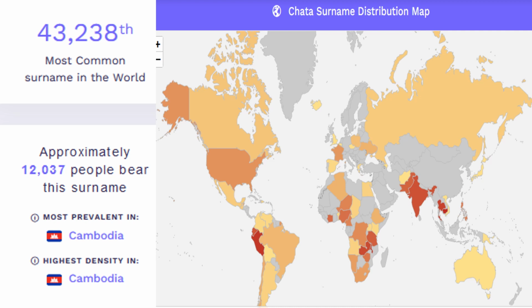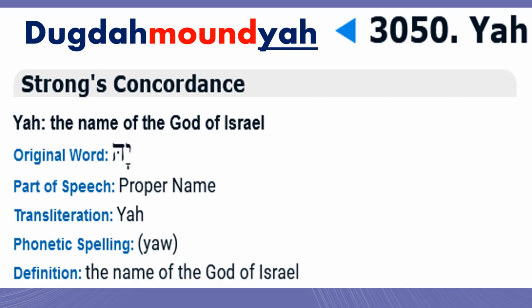You have a heavy concentration of the name also in India, but the heavy concentration is not where the group of people identifying by this name are, which is in the Americas, in the United States, in the Southeast woodlands.